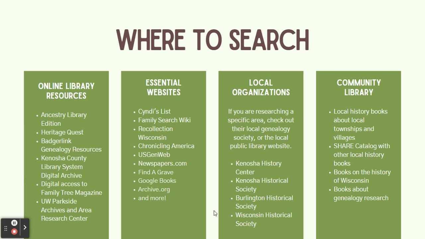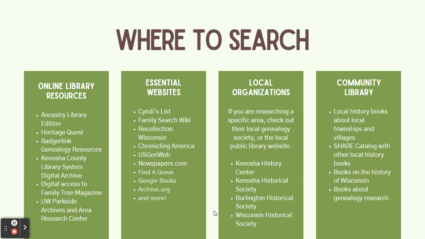Chronicling America is America's Historic Newspapers by the Library of Congress. These are papers from 1836 to 1922. That can complement newspapers.com, which is a subscription site, but you can read some for free. There's also Find a Grave, which is pretty much any cemetery has a Find a Grave site that you can look at and find your ancestors there.